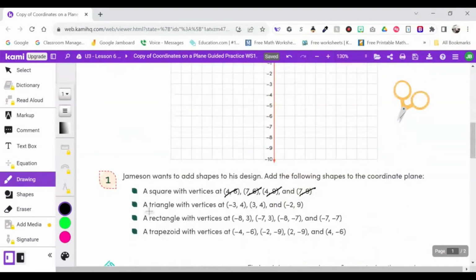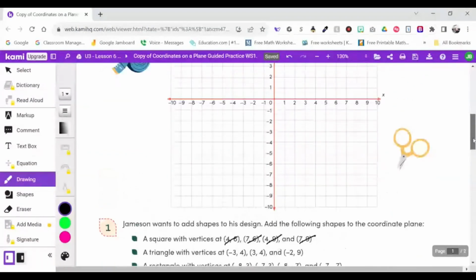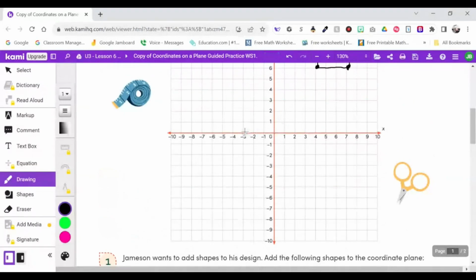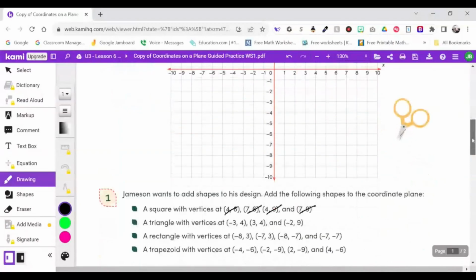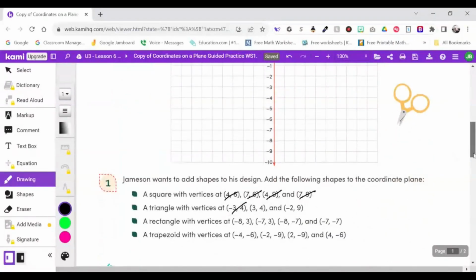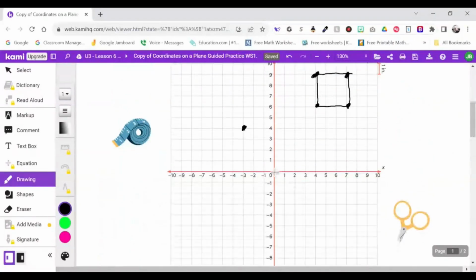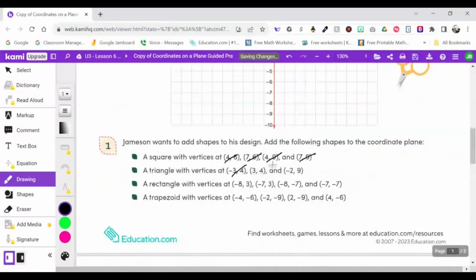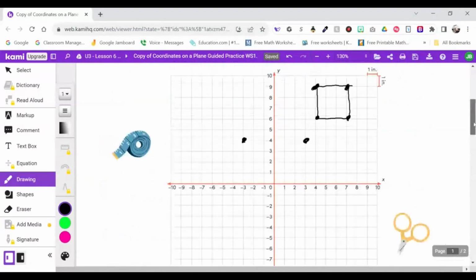Next, they want a triangle. So vertices at -3, 4. So if we go to -3, 4, and then +3, 4. And then finally -2, 9. -2, 9 would be right there.